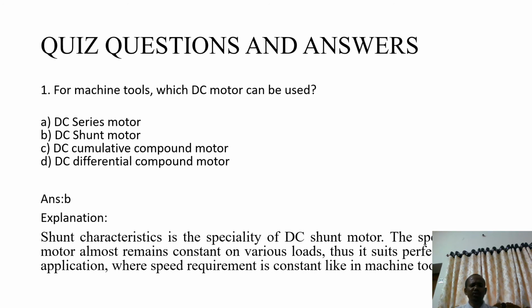For machine tools, which DC motor can be used? A, DC series motor. B, DC shunt motor. C, DC cumulative compound motor. D, DC differential compound motor. Which one is the correct answer? All of you answer this question.